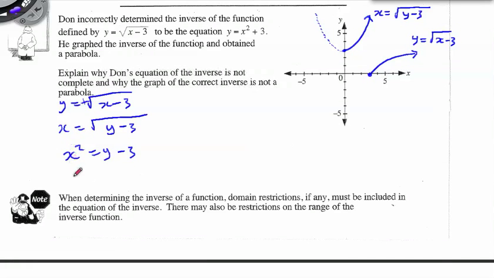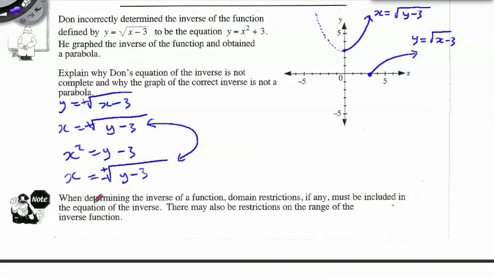When I think about it, if I square root both sides now, what do I get? I get x. And remember, when I square root a variable, I have to get plus or negative square root of y minus 3. Now that was not the case here. Compare that to that. I have positive, but I don't have the negative. So that's what's going on here.